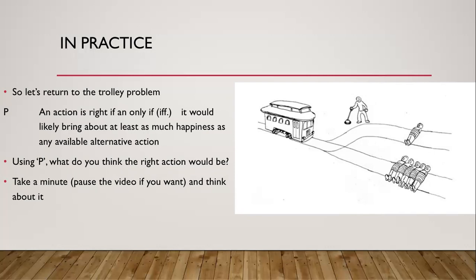So using P, if we were in person, we would spend 10 minutes or so getting people's opinions on what they think the right action would be in virtue of this principle. But since we're online, I'd like you to take a minute. You can pause the video. I'll stop talking for a few seconds, and just think about, from this principle, what would the right action be? Not in your opinion, just from this principle.